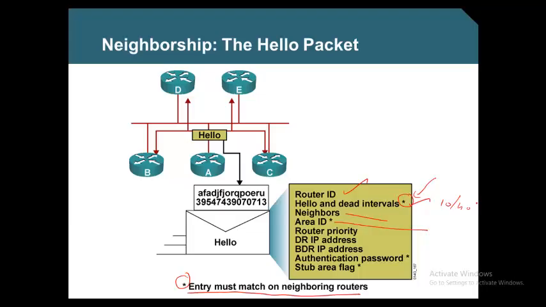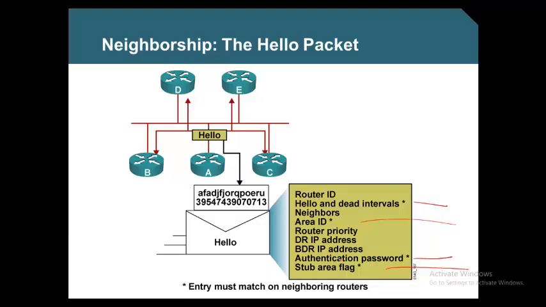Now, when these are matching, then two routers can easily form a neighbor. So what should not match is very important. Router ID should not match. There is also one more thing that should match, called subnet. It is not mentioned here, but it should match. All this is sent in hello packets.